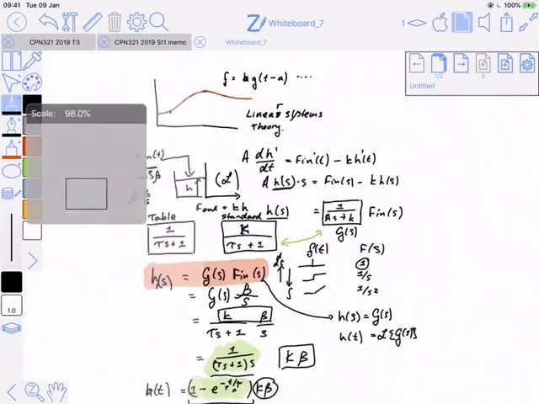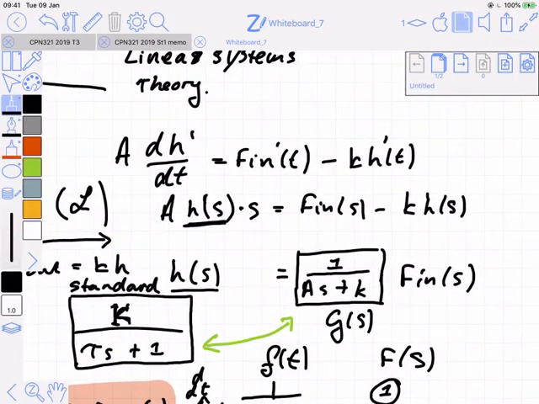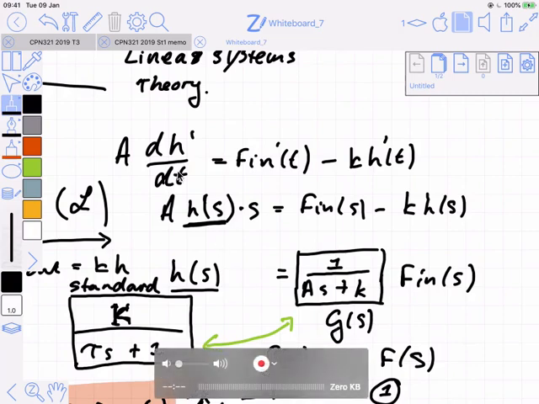So for first order systems, if there's any discontinuity in the right-hand side, it remains there, and the derivative of h, very clear in this equation, is simply given by this relationship between the inputs and the outputs. So if there's a discontinuity here, it will wash through into that derivative.